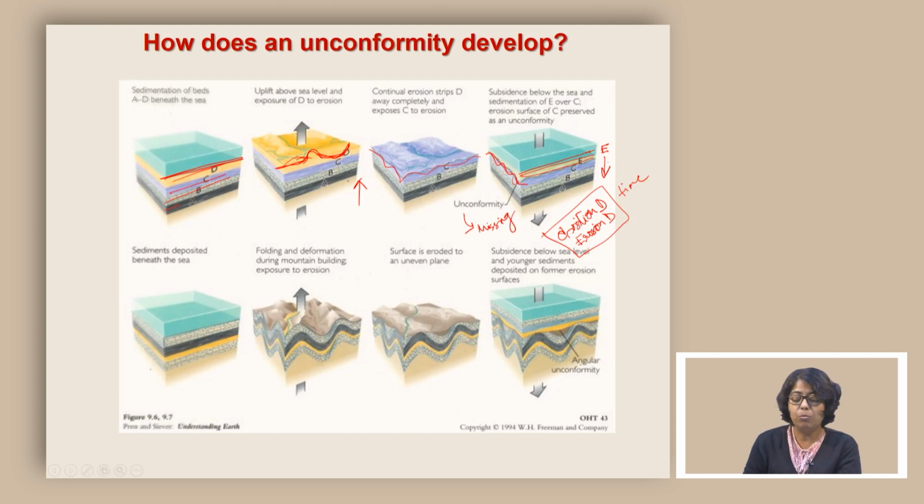It can get even more complex, where things can actually get folded. Once it folds, you can still have these layers, but it is not maintaining original horizontality, and therefore, you are seeing these kind of patterns.